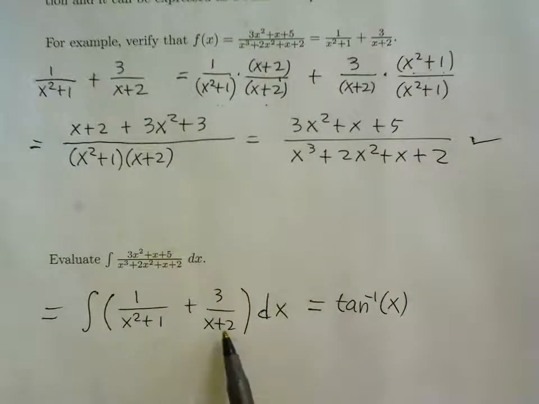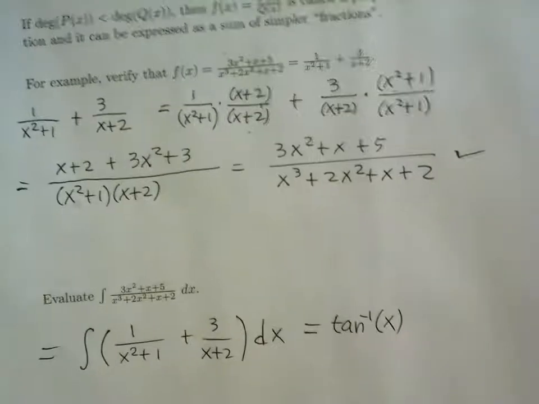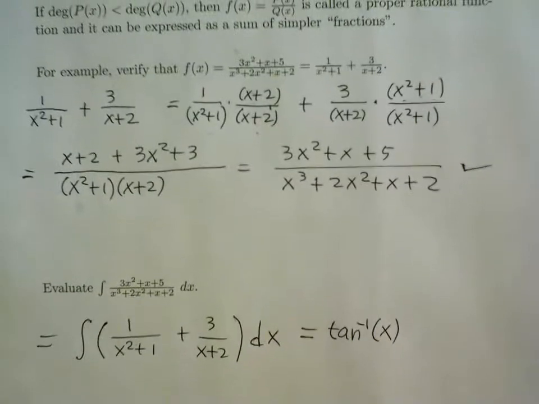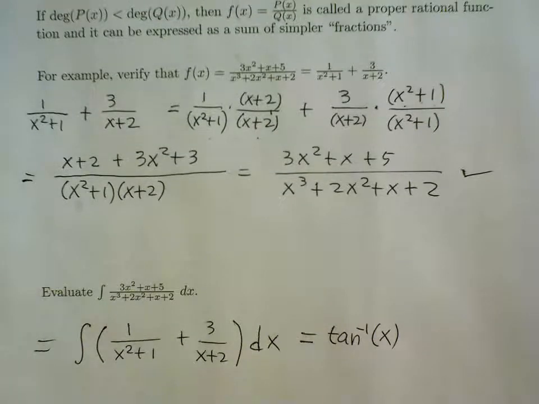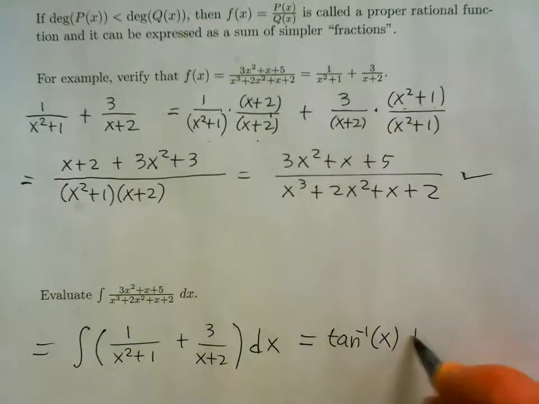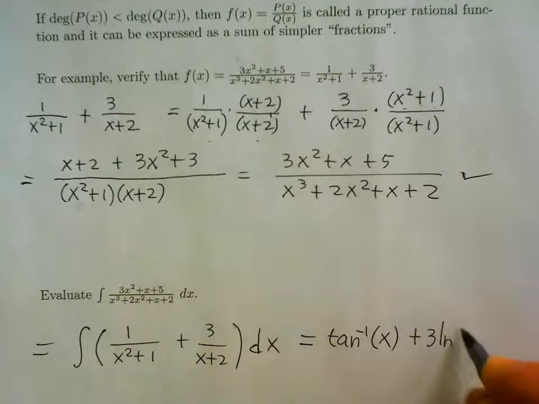And then an antiderivative of 3 over x plus 2 is plus 3 times the natural log of the absolute value of x plus 2.